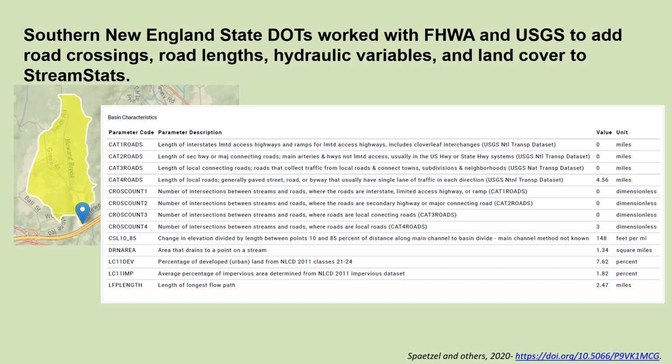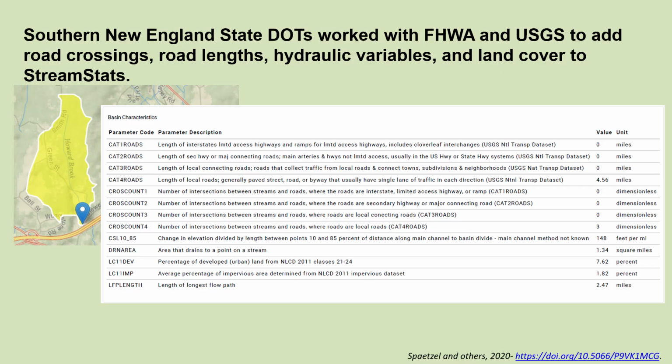And in the case of southern New England, we actually worked with state DOTs to add the number of road crossings and the length of roads by road category into StreamStats, as well as, of course, the hydrologic variables and other properties needed to run SELDM. So this is showing just an example of what those basin properties look like in StreamStats.